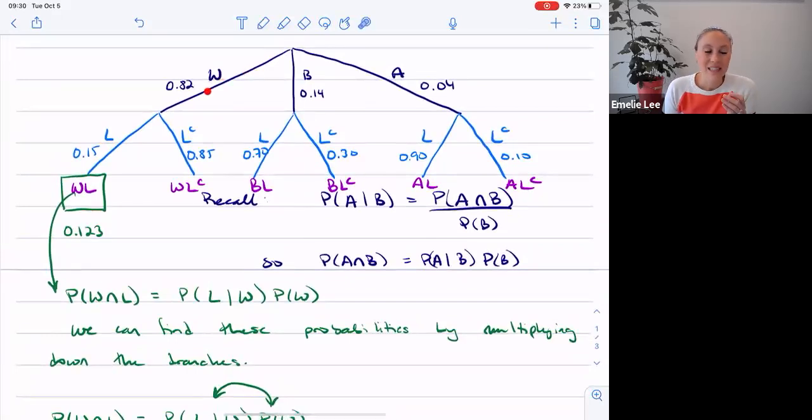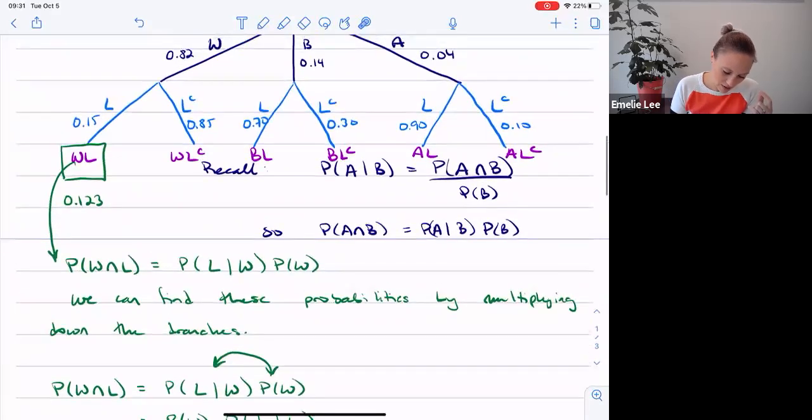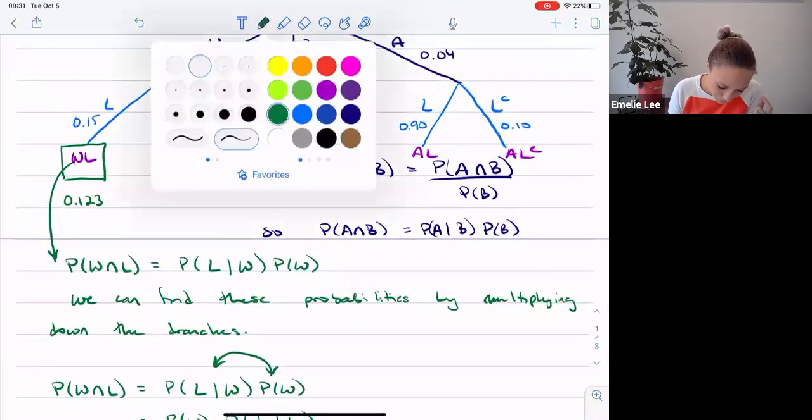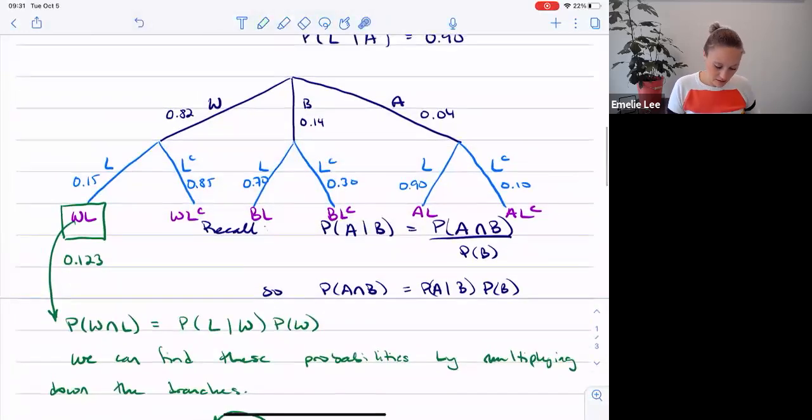So then I am going to get lazy here. We could write out the proper calculation for each branch, but that seems like a lot of work for basically just running down the branch and multiplying those two values. So I'm going to try a different color here and say, okay, the W and not L, so they're white and not lactose intolerant, right?